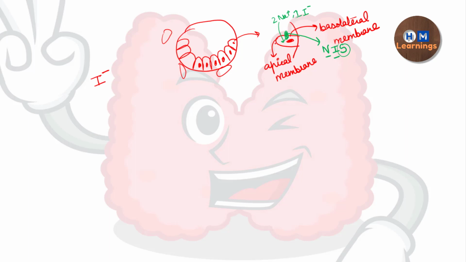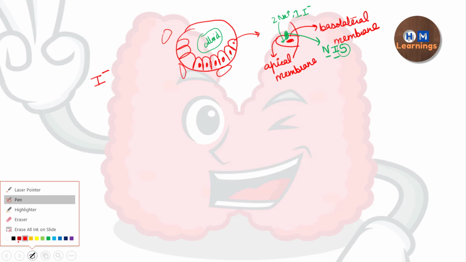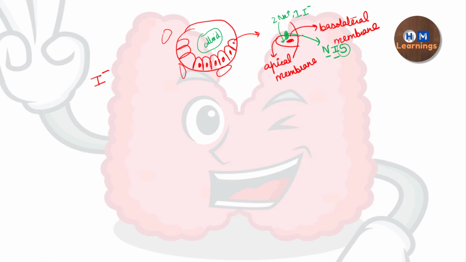Now after entering the thyrocyte, the iodide has to reach the colloid. This is the colloid. So the iodide has to go from the thyrocyte to the colloid. For that, on the apical membrane we have another transporter, which is called the chloride iodide exchanger.